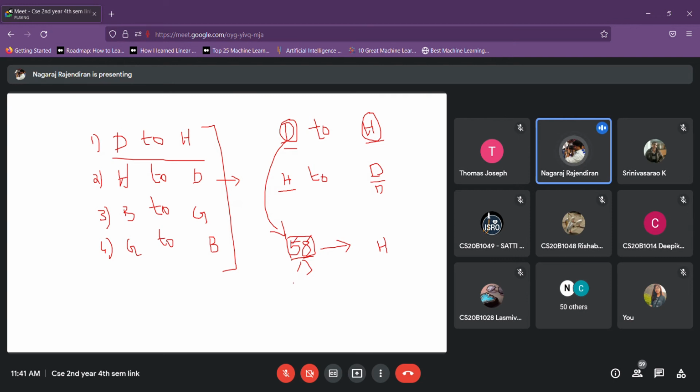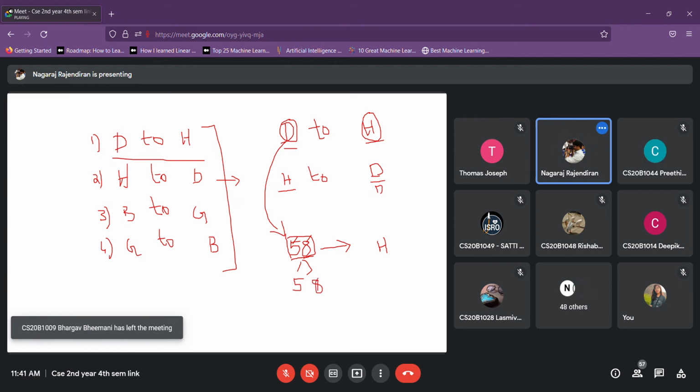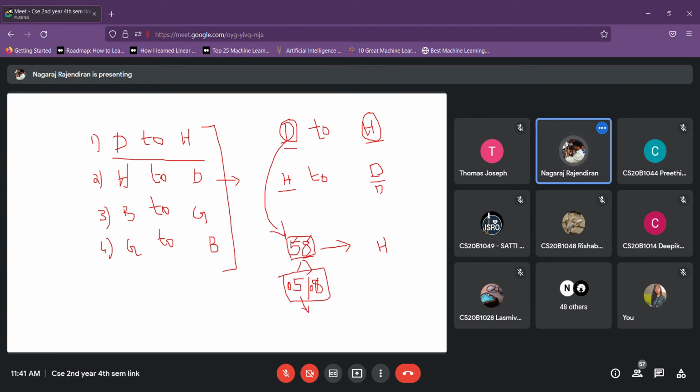So that we need to split that into 5 and 8 separately. Okay, we need to split into 05 and 08, and then we need to multiply this tens place by 0A, and we need to add the ones place.